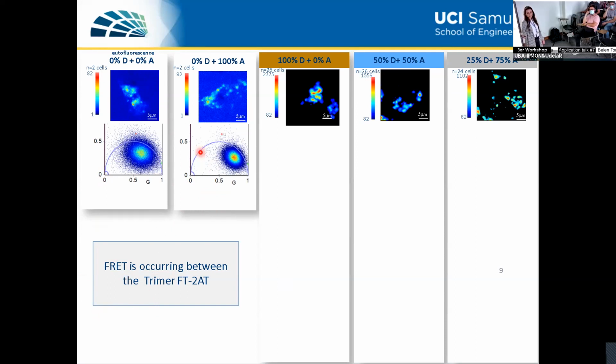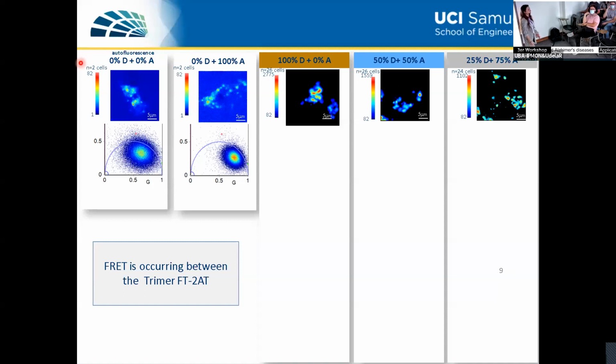And we can see that the intensity level of these two and the phasor plot position is the same in them. There is a low number of photons. That's why the phasor cloud is very broad over there. And we can see that the maximum number of photons per pixel in these conditions is 82.